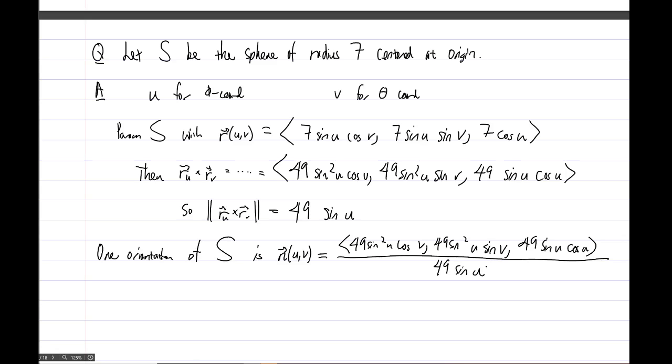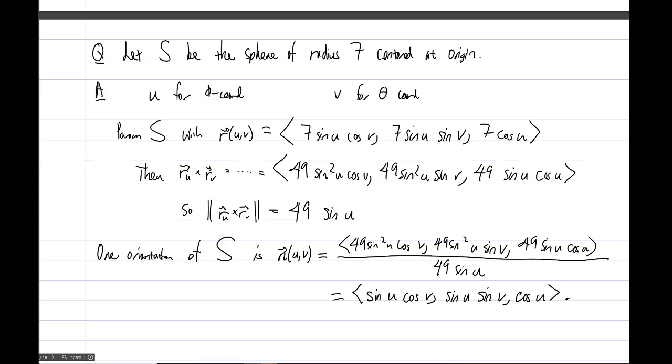Now, if we go ahead and cancel what can be canceled, there's a 49 sine of u in all of these, and as well in the denominator. This cleans up to become fairly nice as sine u cosine v, comma sine u sine v, comma cosine u. So this is one orientation.